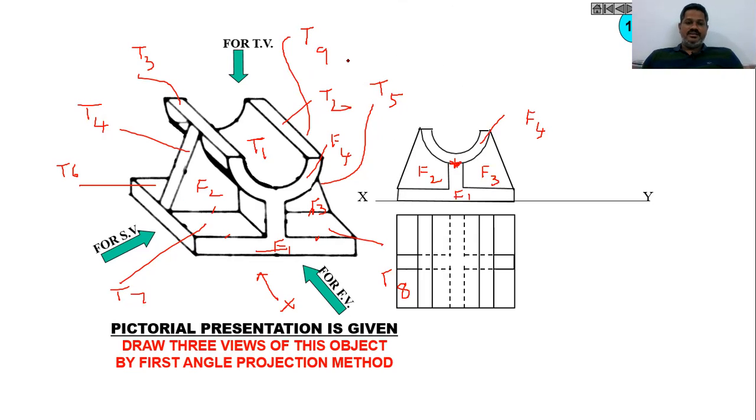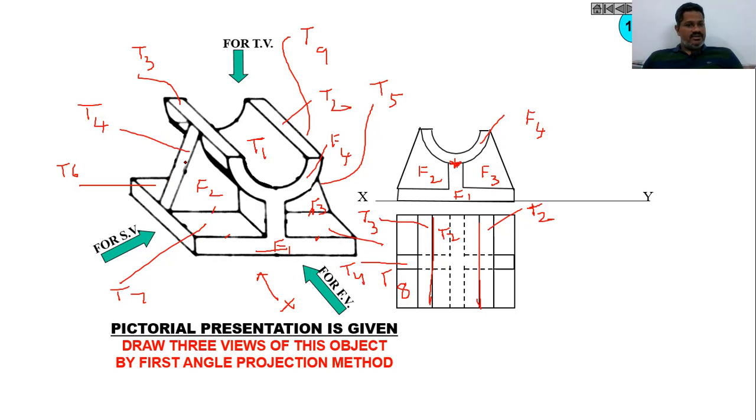As I said, your first face is this T1 face. Then your T2 face is this one, and similarly you have the T3 face, then T4, as I said just now, this is your T4.